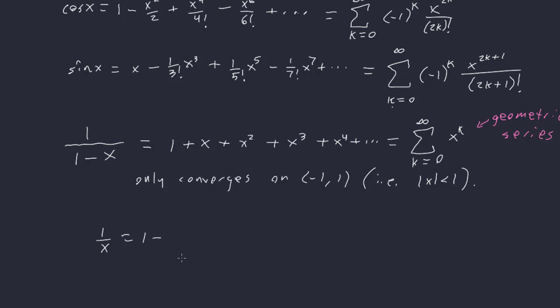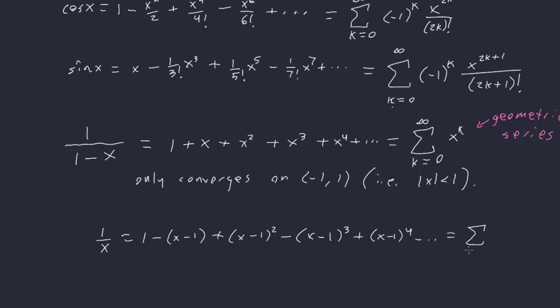So if you remember, it looked like this. It was 1 minus (x minus 1) plus (x minus 1) squared minus (x minus 1) cubed plus (x minus 1) to the 4th. So actually the next piece is a minus.